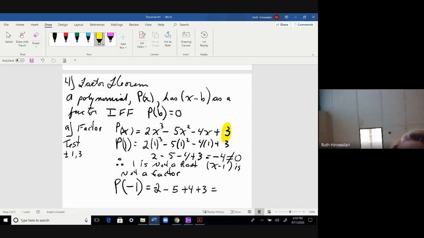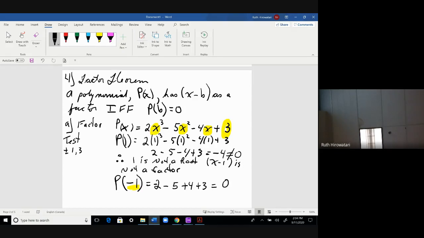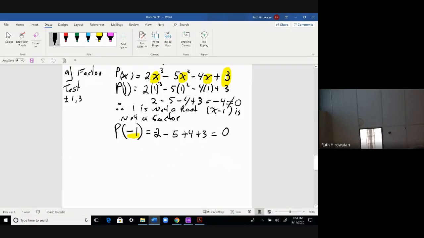So I hope you're understanding that all I've done is taken the x here and substituted -1 in for the x. And so what does this add to? -2 minus 5 gives me -7 plus 4 plus 3. That does give me 0. And once I know that it's 0, I know that -1 is a root. So therefore, x plus 1 is a factor.